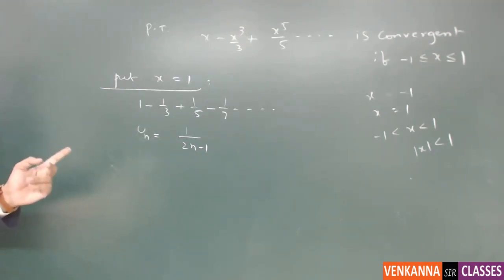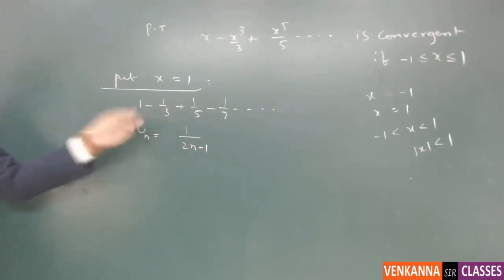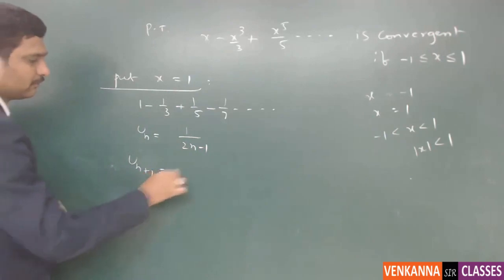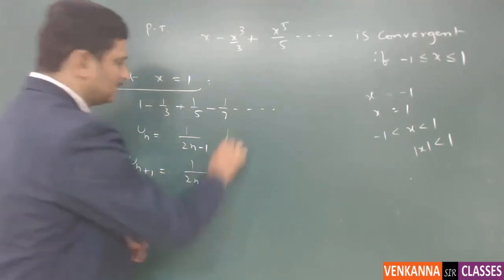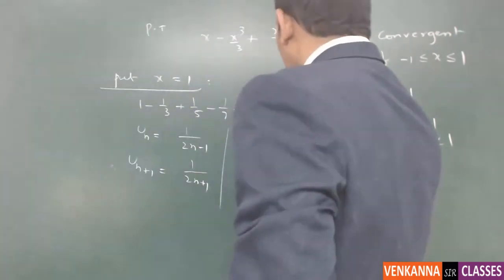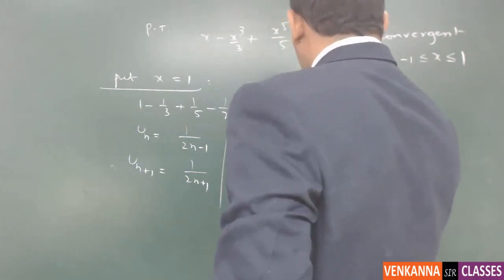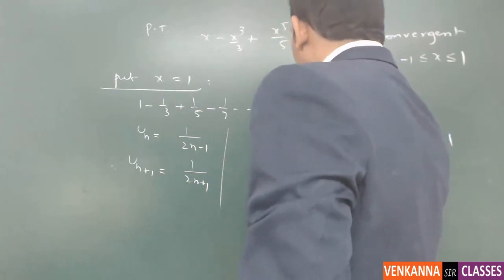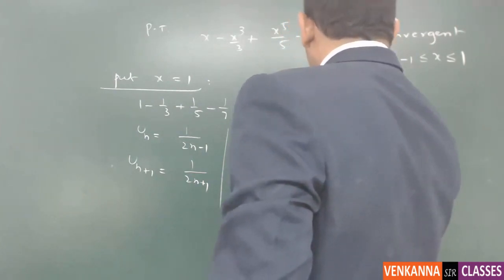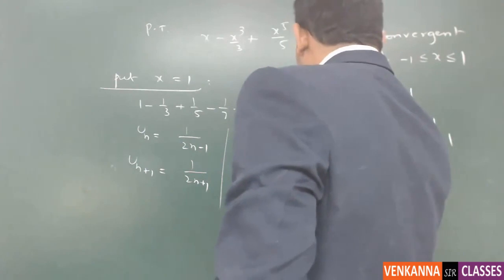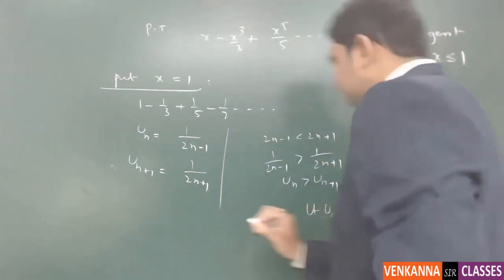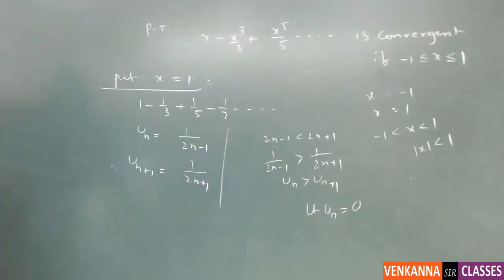For this, I am applying the Leibniz test because it is an alternating series. So you take u(n+1), that is equal to 1 by 2n plus 1. I can write that 2n minus 1 is less than 2n plus 1. So 1 by 2n minus 1 is greater than 1 by 2n plus 1. So u(n) is greater than u(n+1). Moreover, limit of u(n) is equal to 0. You accept or not?